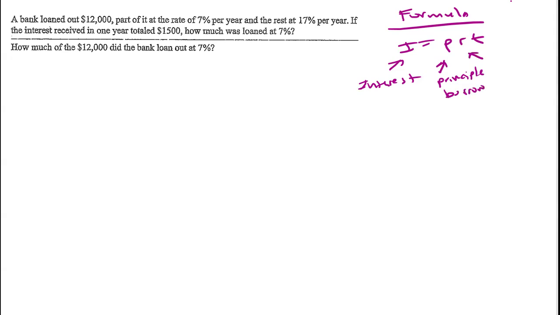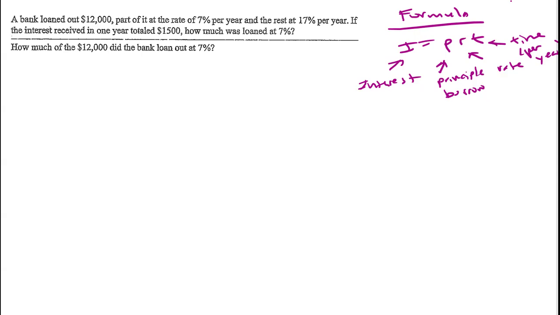R is the rate, and T is time, and that's per year, annually. So that's what those variables mean. We're going to use this formula to set this up.